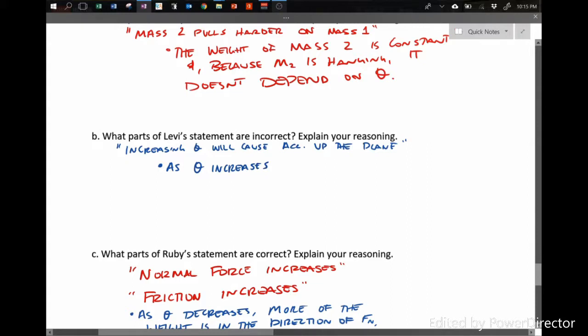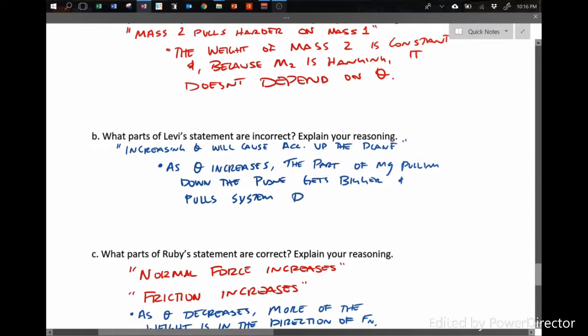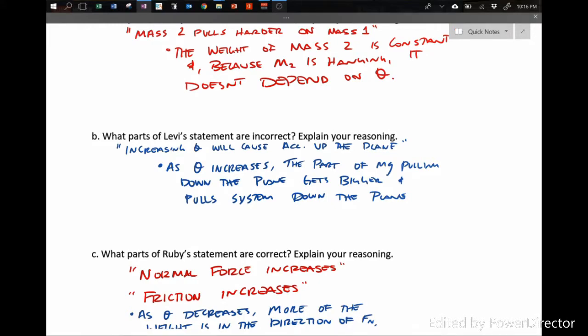So we know that as theta increases, the part of weight pulling down the plane gets bigger and pulls the system down the plane. That ultimately beats out friction getting reduced because that's a bigger effect.